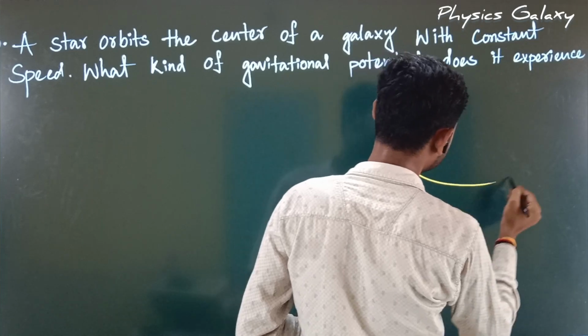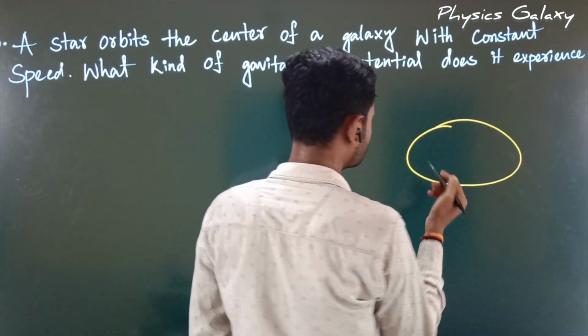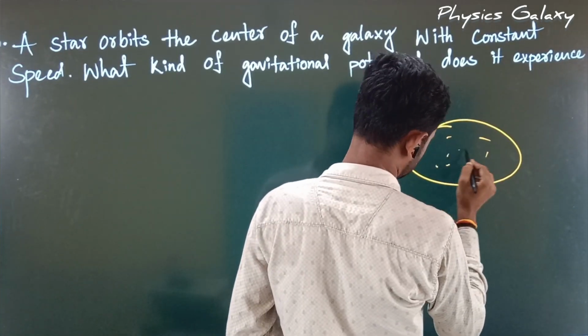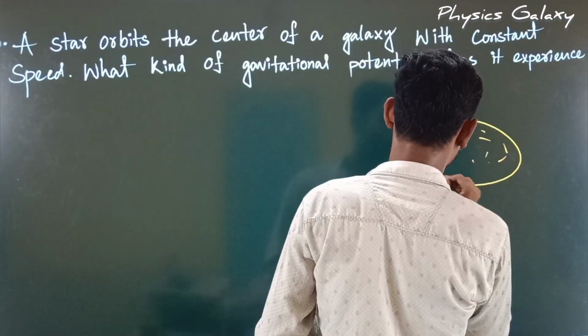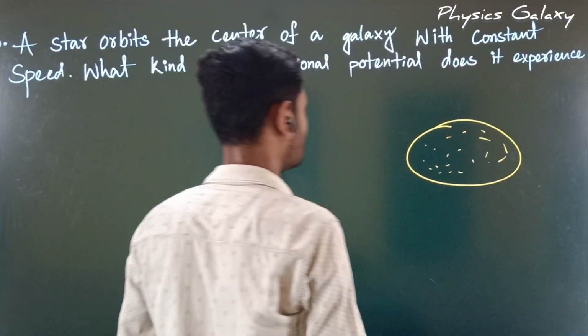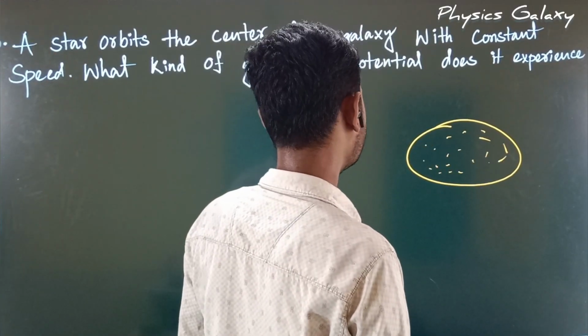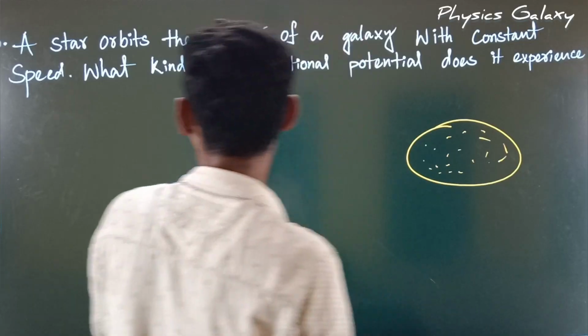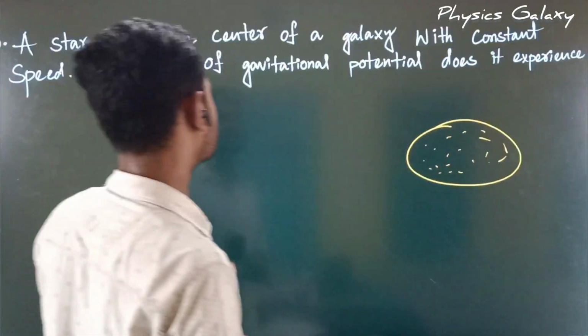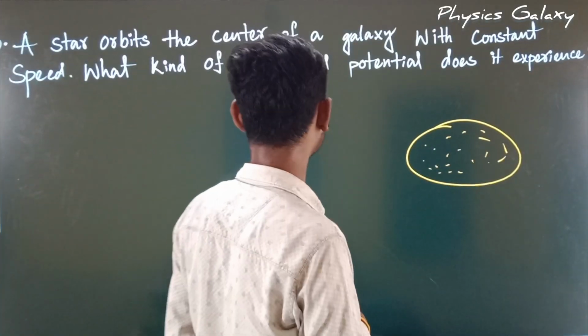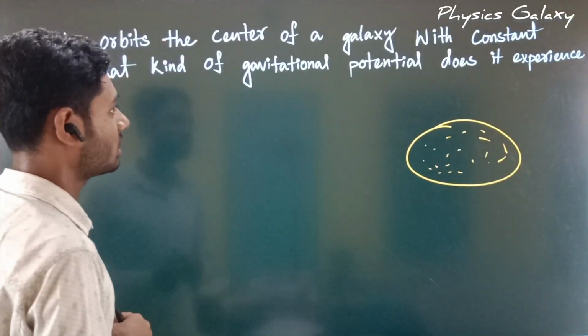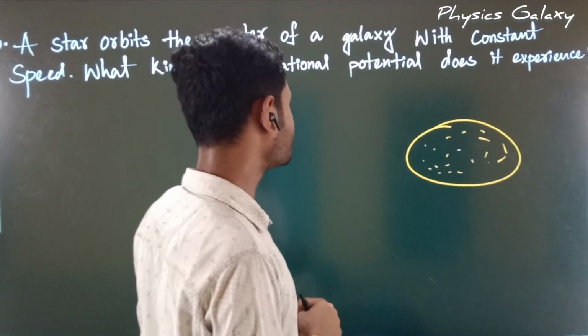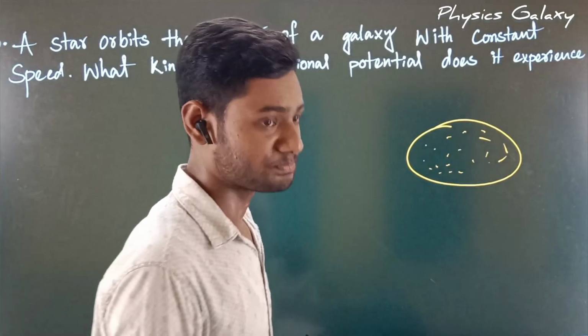Let's say this is a galaxy, and there was a random distribution of mass of stars, and we just have to calculate the gravitational potential that the star experiences.